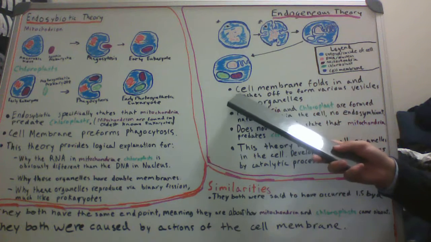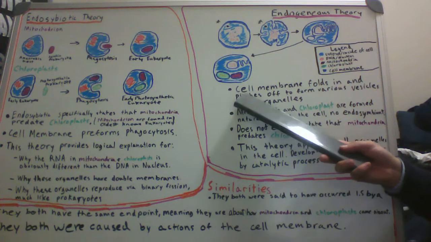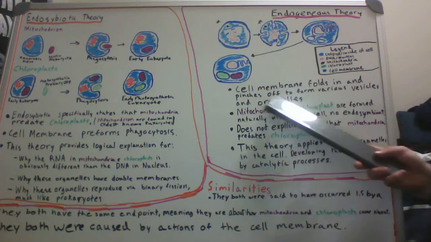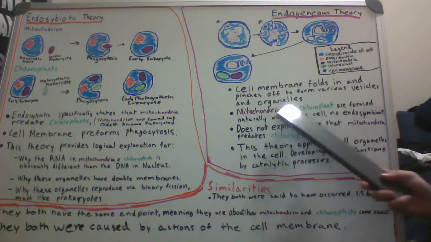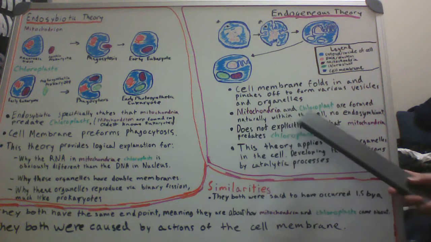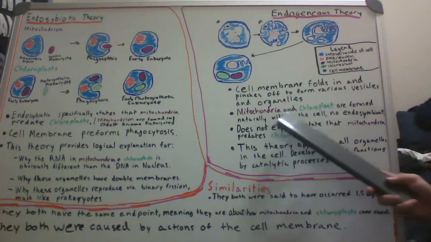And the contrasting features for the endogenous theory I wrote right here. The cell membrane folds in and pinches off to form various vesicles and organelles. Mitochondrion and chloroplasts are formed naturally within the cell.